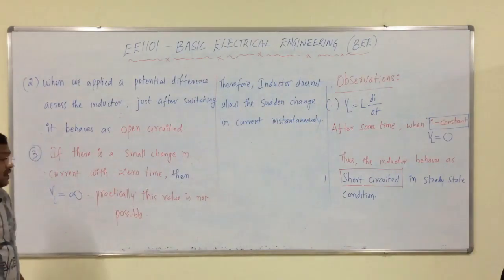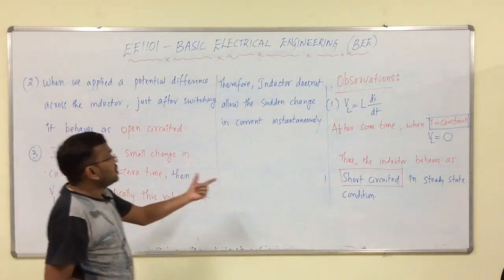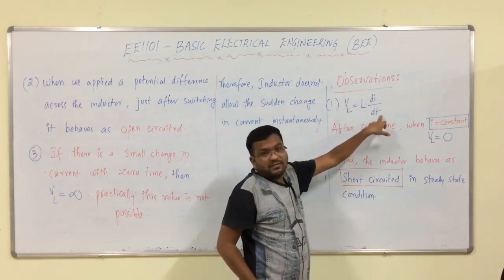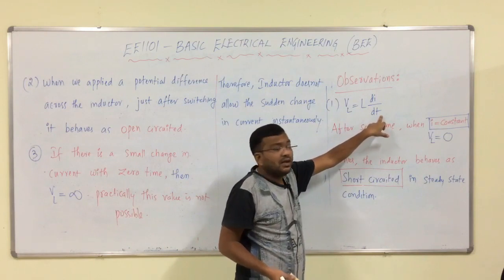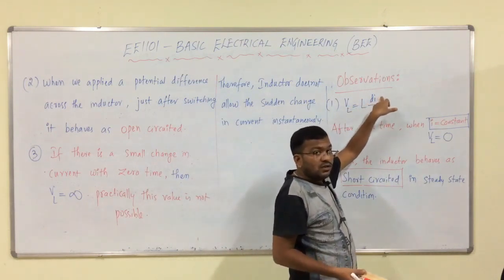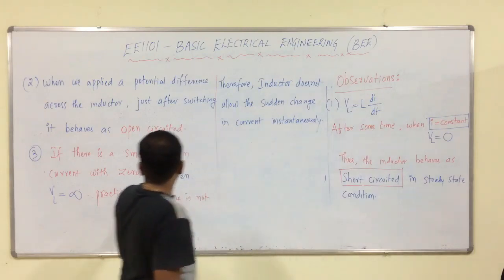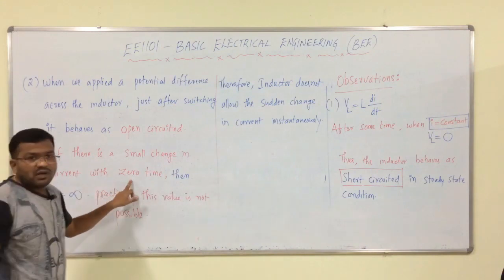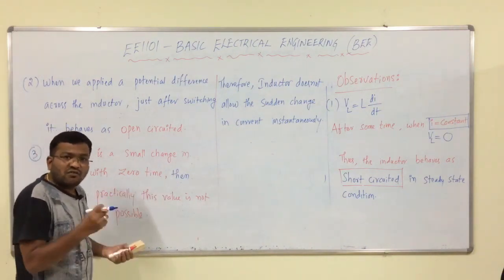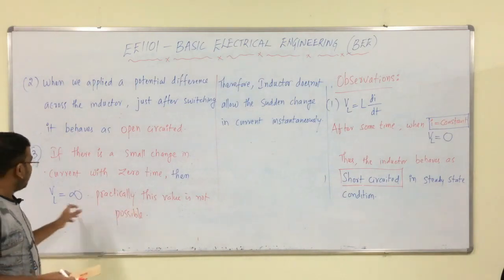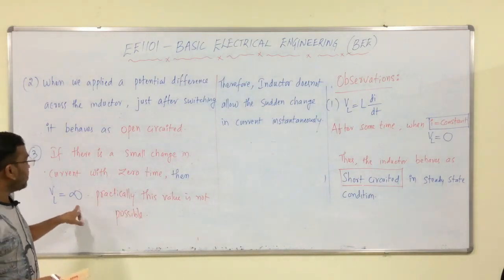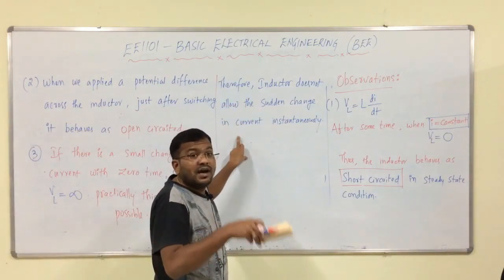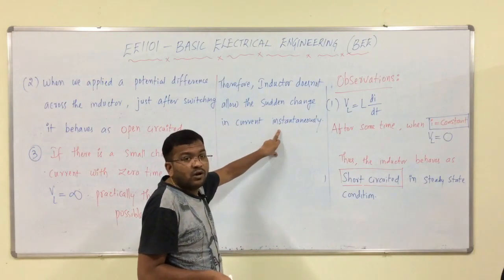That is why the inductor does not allow a sudden change in current within a very small fraction of time, instantaneous time. That is the meaning of this third point. If there is a small change in current with 0 time, meaning instantaneous time, then VL equals infinite. Practically this value is not possible. That is why the inductor does not allow a sudden change in current instantaneously. This is a very important observation, the third one.